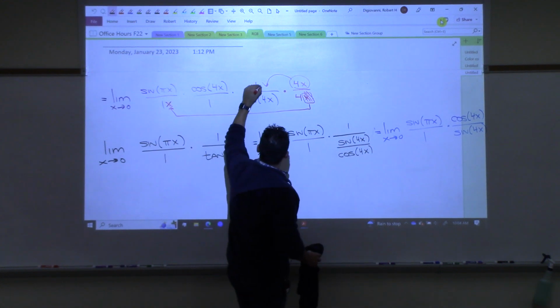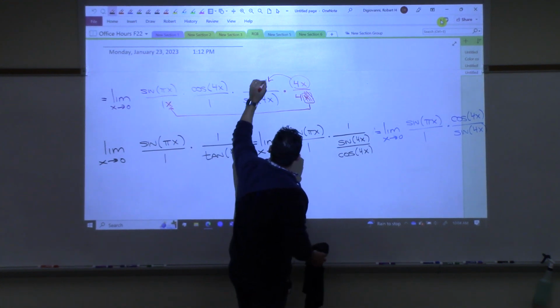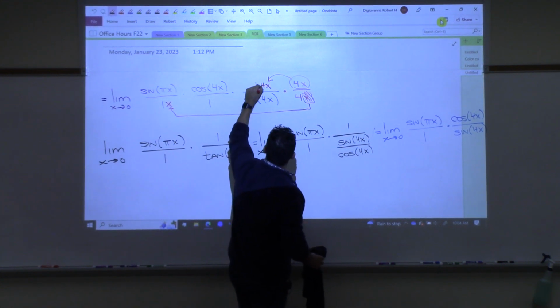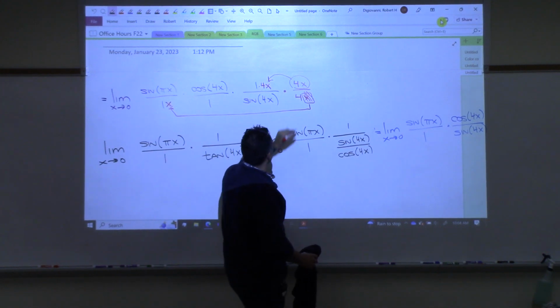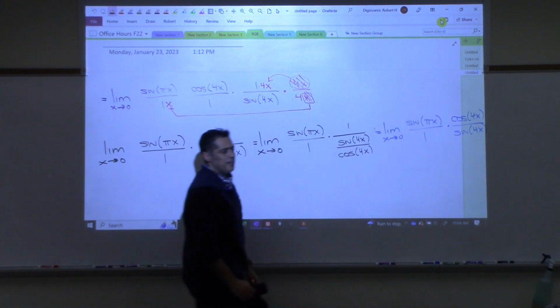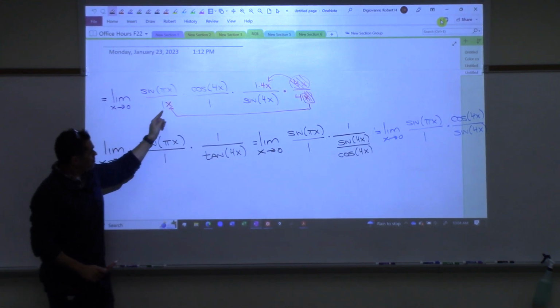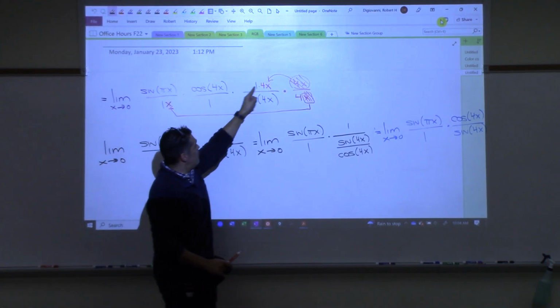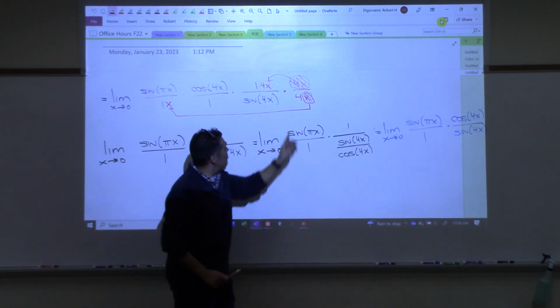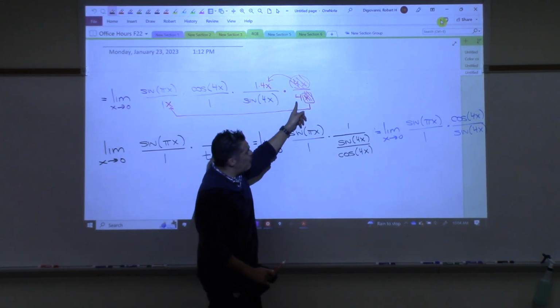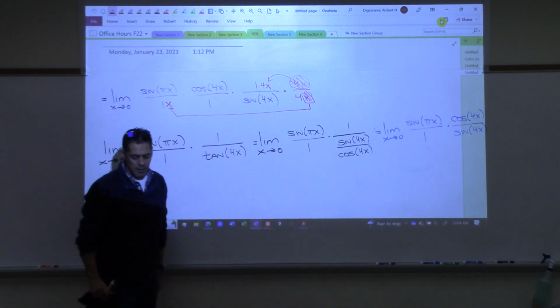Here, this is really 4x, right? That 1 is next to it. That's still just 4x on top, and that 4x is gone, right? So we have sine of pi x over x, cosine 4x over 1, 4x over sine 4x. And then over here, what do we still have? 1 over 4. Yes, 1/4?